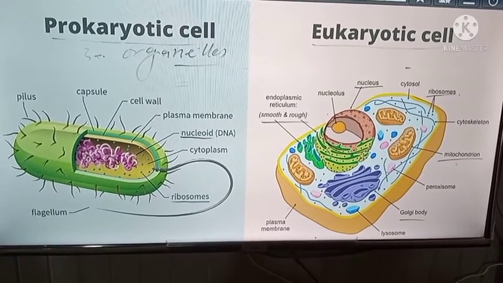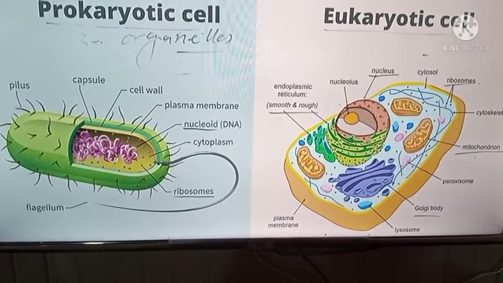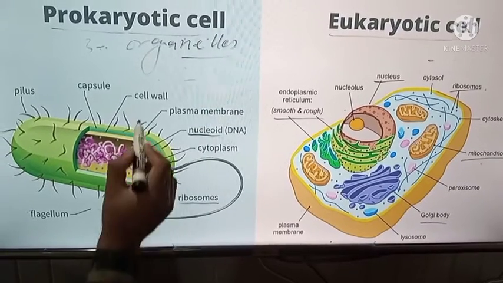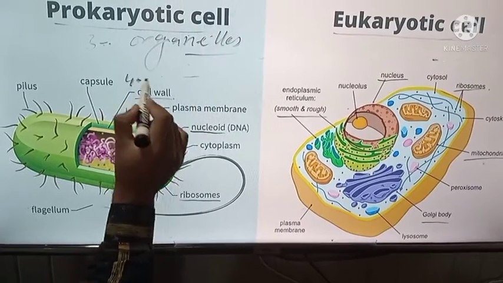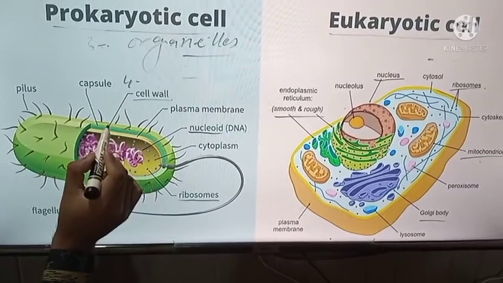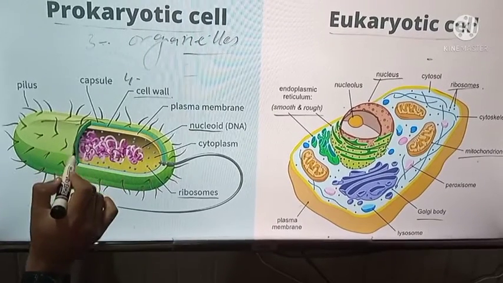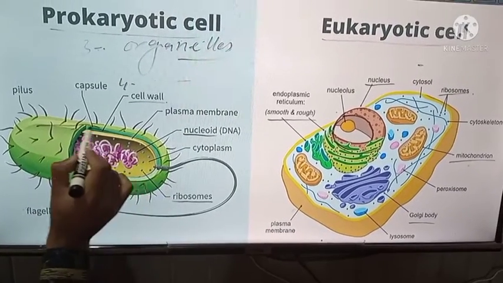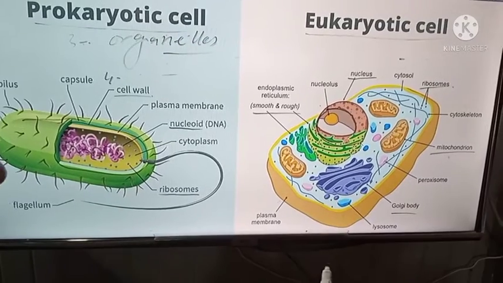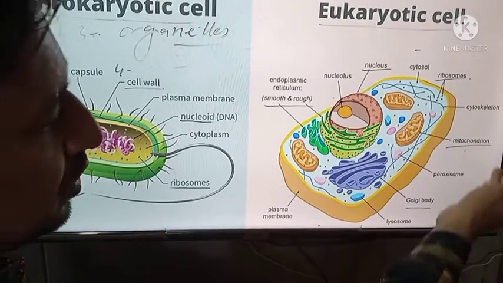Now the difference number four is their cell wall. You will see that a cell wall is present in prokaryotes. This is the cell wall, this one is the cell wall, and a cell wall is also present in eukaryotes too.